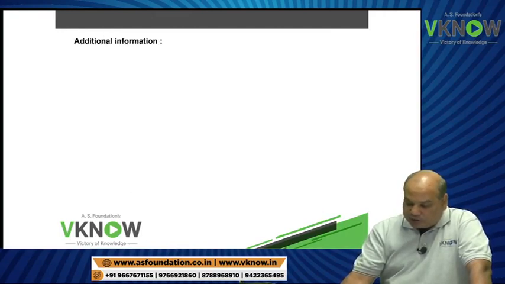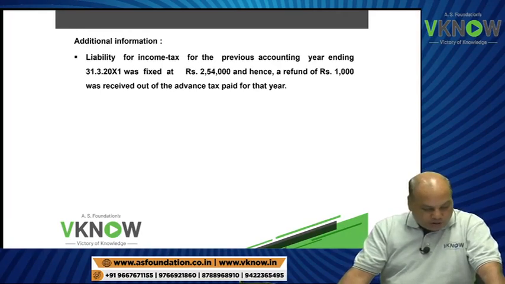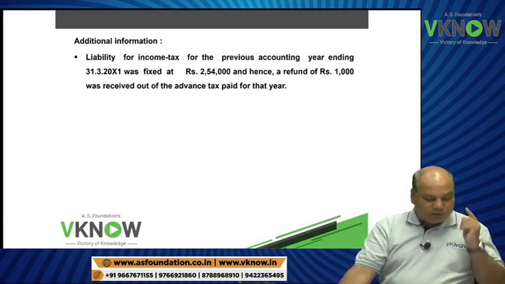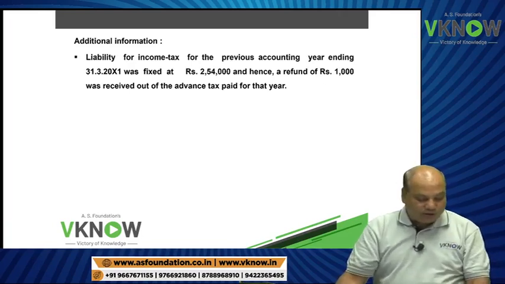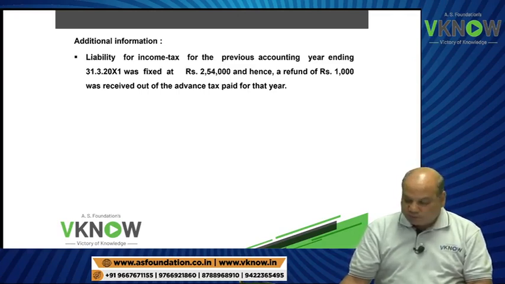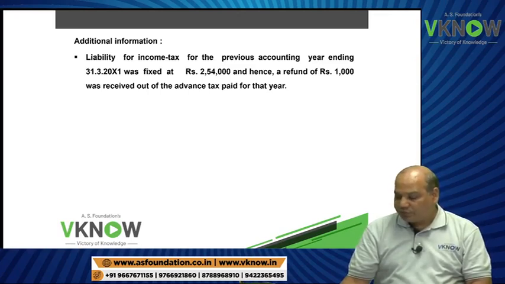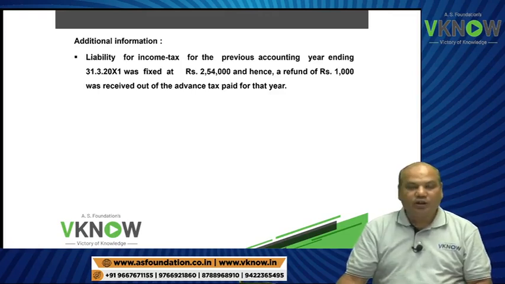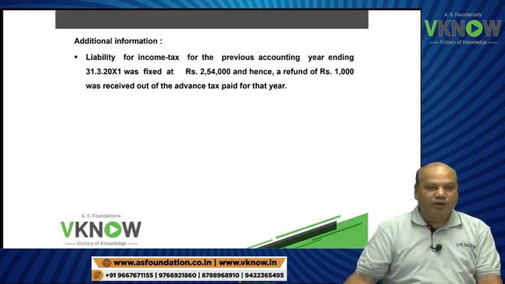Now there are some adjustments. Adjustment number 1. Liability for income tax for previous year. For previous year ending 31st March 2001 was fixed at 2,54,000, and hence a refund of rupees 1,000 was received out of the advance tax paid for that year.